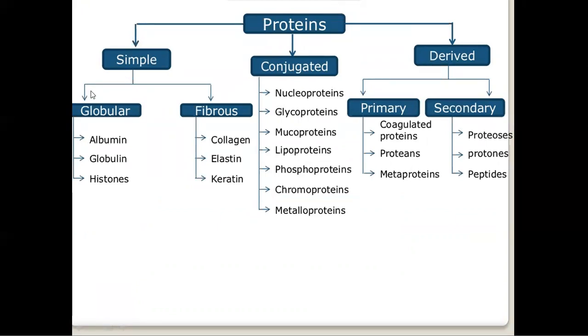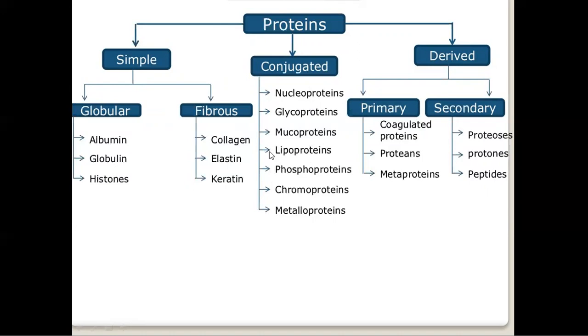Simple proteins are again divided into two important types: globular proteins and fibrous proteins. Examples of globular proteins are albumin, globulin, and histones, and fibrous proteins are collagen, elastin, and keratin. Conjugated protein has a protein part and a non-protein part.